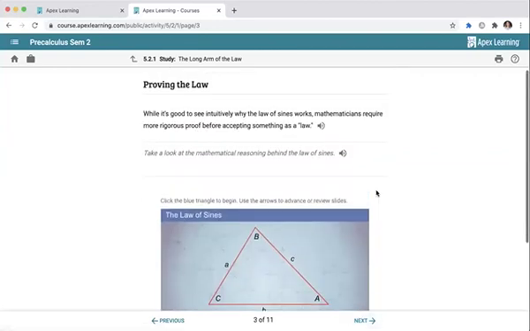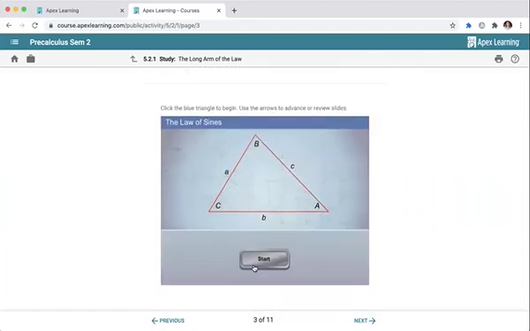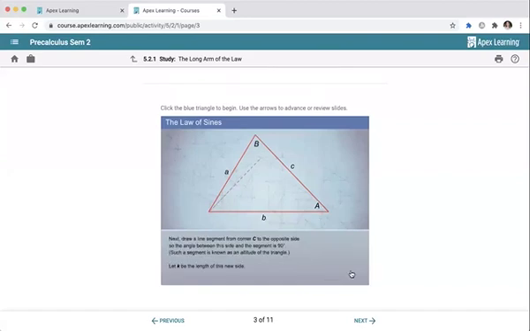So now if we look at actually proving this law, we can start with a non-right triangle like this one, and it's really nice that they already have B orientated with a horizontal axis for us.